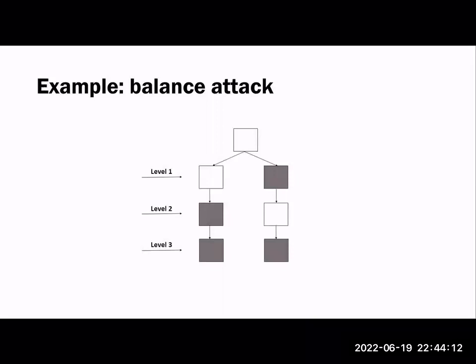For example, this is another type of attack. In this attack, the honest and the adversary blocks are mined in an interleaving manner. Maybe the attacker is trying to build two chains in parallel and keep it balanced.